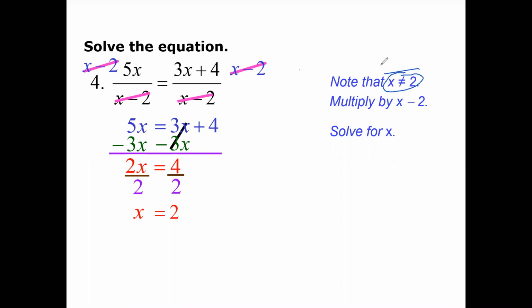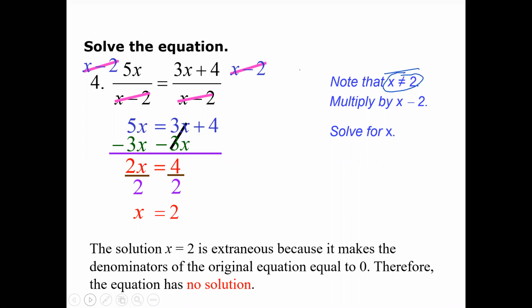So that means what? x equals 2 is an extraneous solution. So therefore, for this particular rational equation, we have no solution. Because again, x equals 2 is an extraneous solution, or an extraneous root.